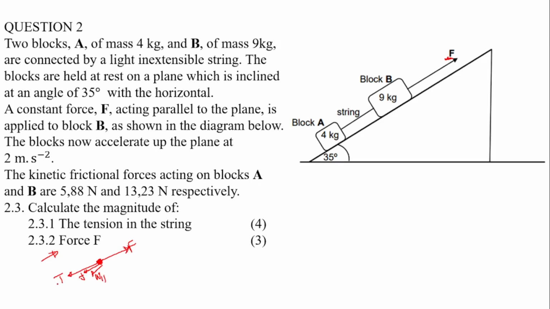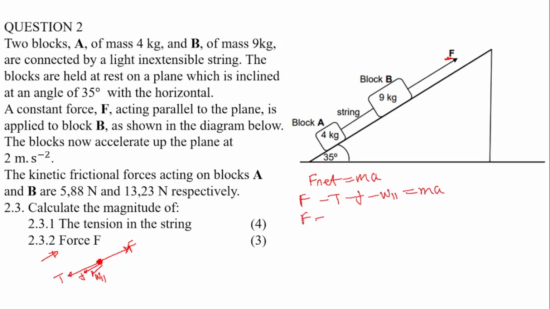Okay, so we're taking upwards as positive, so we have our F net is equal to ma, right? F net is going to be F, and then minus T minus f, and then minus the component of weight that is parallel to the inclined plane, so it's going to be like this, and then is equal to ma, right? Let's substitute what we have.